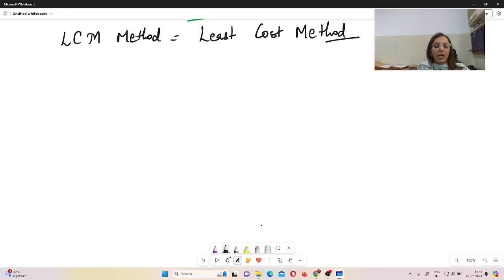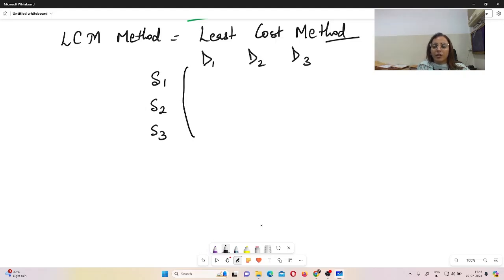Okay, so to start, we have taken one question where you have S1, S2, S3, and we have given the data over here, the destinations D1, D2, and D3.